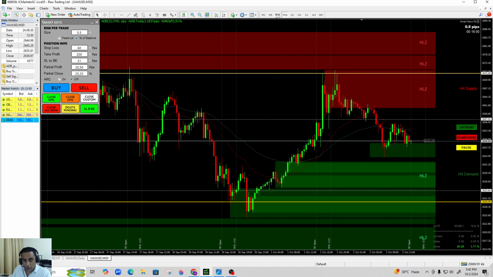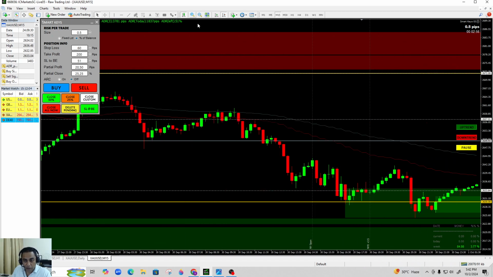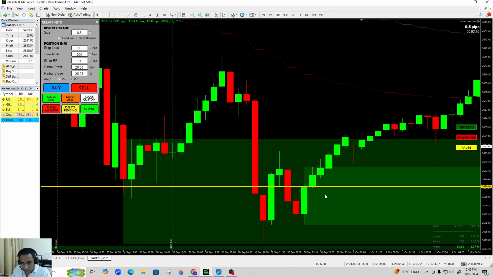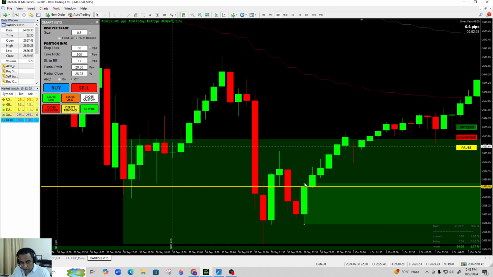Okay, gonna look at that on the M15 and see what it looks like. So this candle, that's a bullish engulfing candle. I'm going to take that candle there. So the high is 3028 and 2653. 3028, 2653. Okay, and that's about a 37 pip.